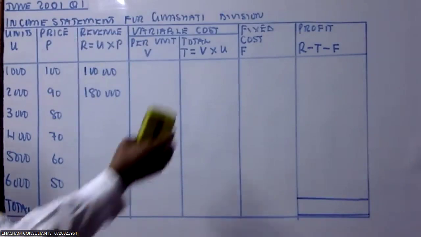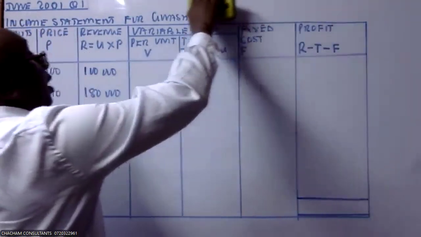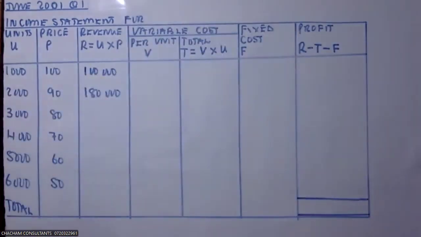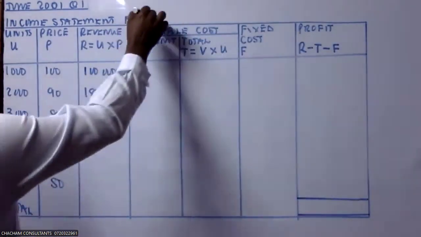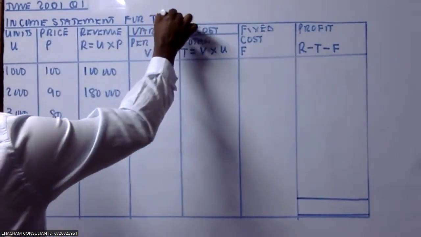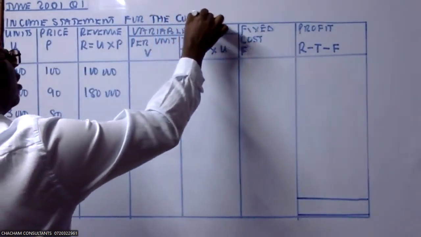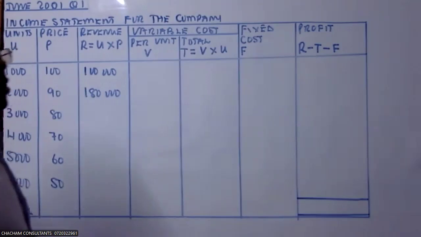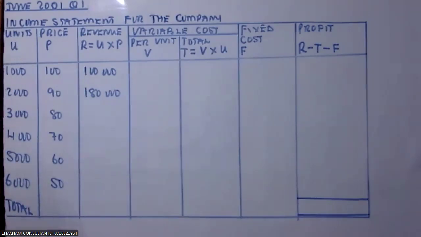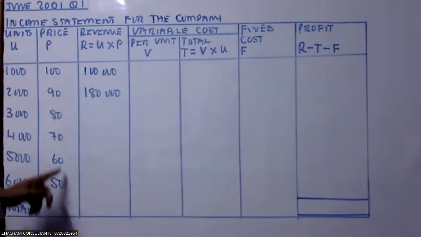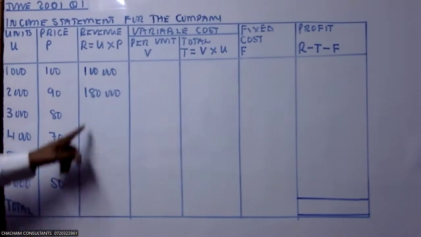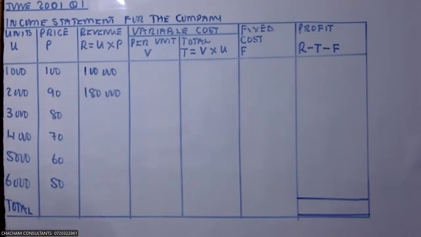So for the company, we are now dealing with the company. So the units remain, the price remain, even the revenue remain.